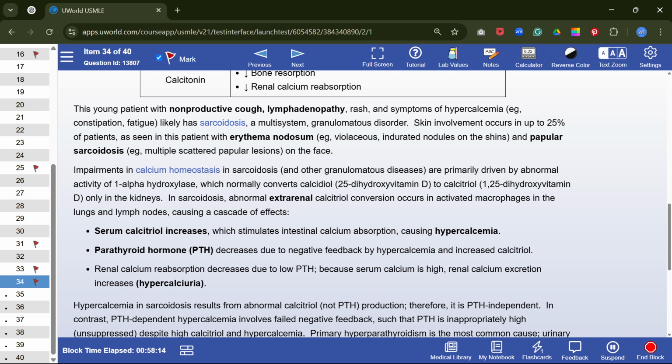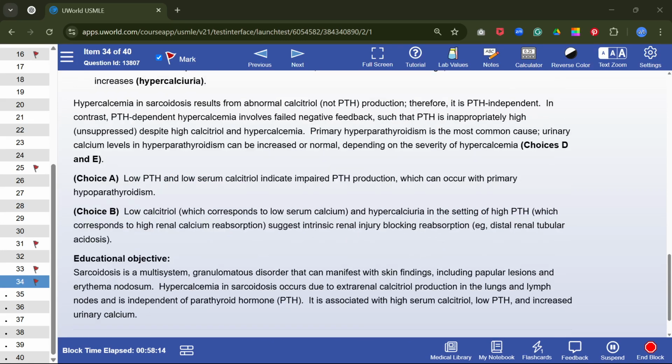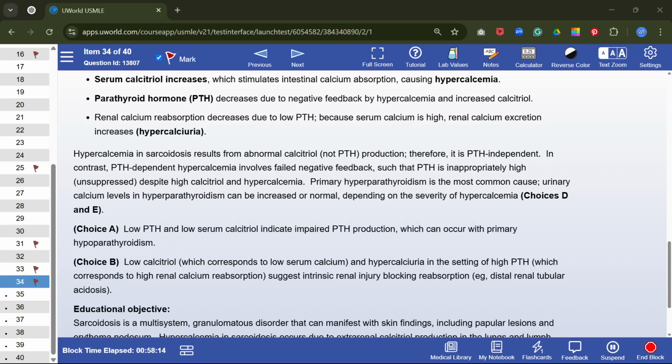So in here the main pathophysiology is 1-alpha hydroxylase activity. Mm, the other options. Yes. Okay.